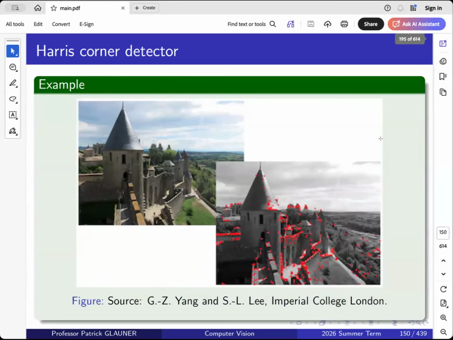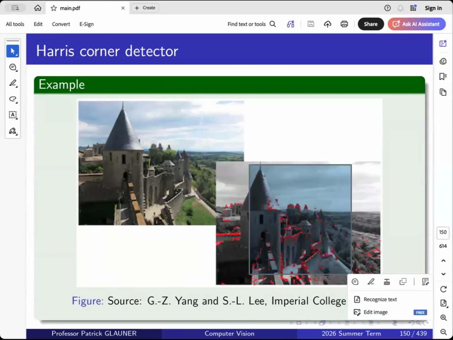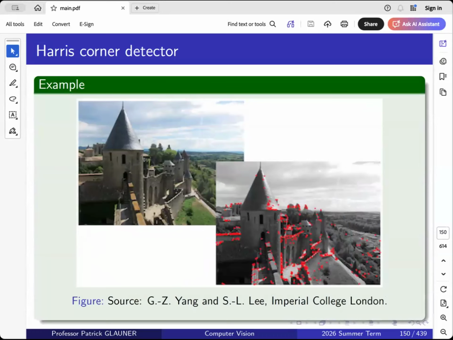So you would calculate it with the cheaper way, you would threshold the corner response, and you could visualize the corners here.